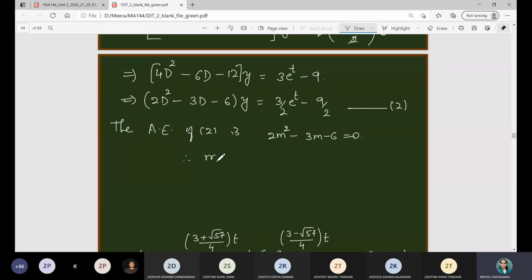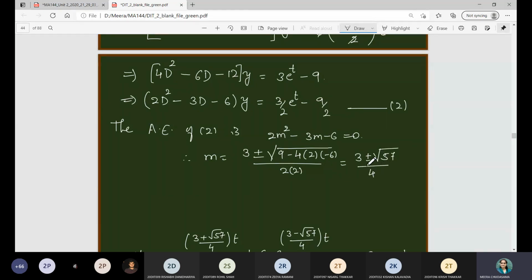So therefore m is equal to minus b, which is 3 plus or minus square root of b square minus 4ac, be careful about the signs, upon 2a, so 2 into 2, so it is 3 plus or minus square root of, this is 9, minus minus plus, so 6 into 4 is 24, into 2 is 48, plus 9, so it is 57, divided by 4.